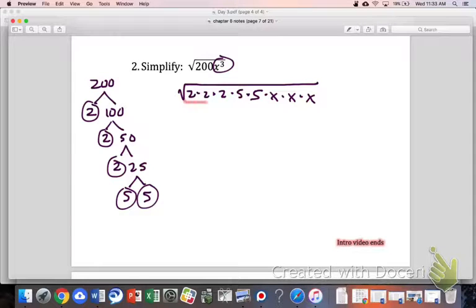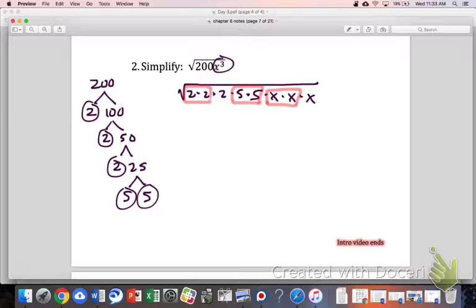I see that I've got a pair of 2's, and so those get to come out. I've got a leftover 2 right here. That's going to have to stay. It doesn't have anything to pair up with. I also see that I've got a pair of 5's, so those 5's are going to get to come out. And then I've got a pair of x's right there. And kind of like the 2, I've got an extra x. That one has to stay inside the radical because it does not have a like factor to pair it with.